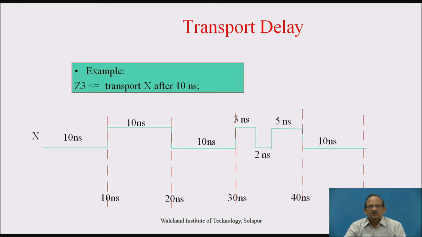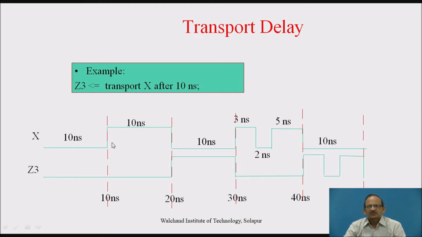So this is the input x. As we said, whatever may be the duration of the pulse, it will be propagated to the output after the delay time. Therefore, in this case, you can say simply that your Z3 will be equal to x, but delayed by the time specified, and therefore your output will look like this.